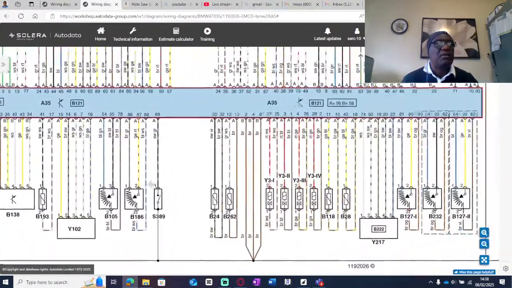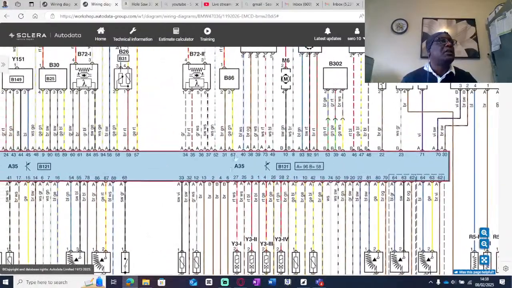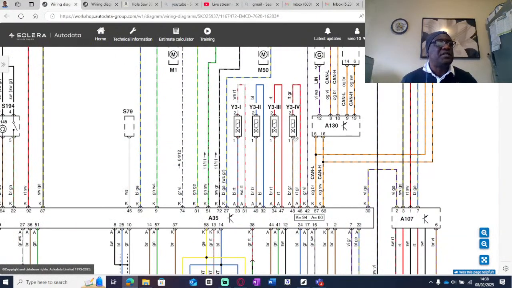Forgive me. But as far as I know, and according to this, your CAN low is pin 6, your CAN high is pin 16. That's a diagnostic. Oh, this is a diagnostic module.